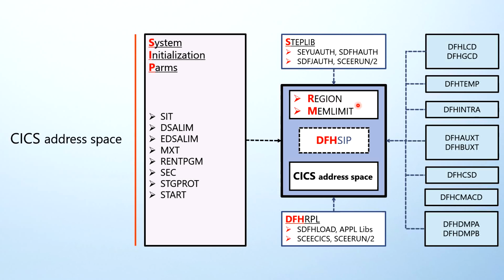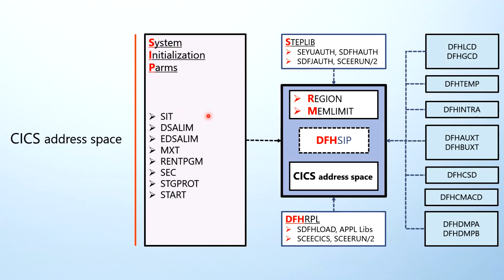Most of you might have used the REGION parm in your jobs. It is the same parm, which we're going to see in depth in the coming slides. And apart from these, what makes up a CICS region is this DFHSIP program, which takes a lot of parameters, which we refer to in the CICS world as system initialization parameters, or in short SIT parameters.